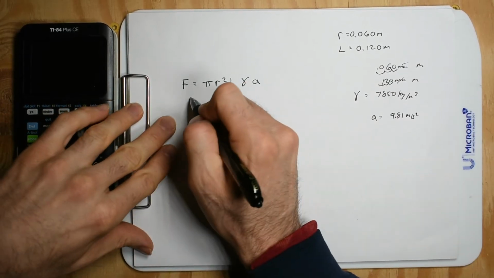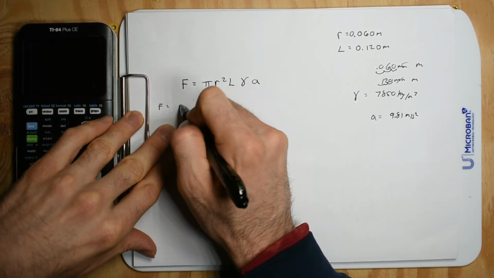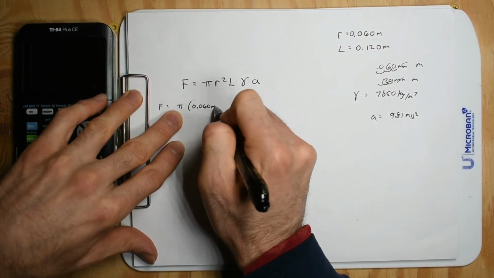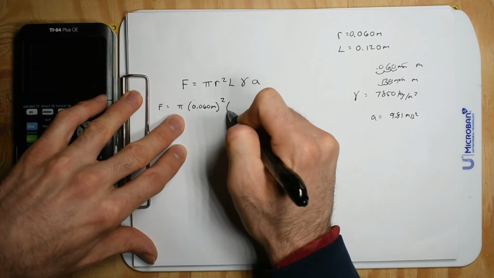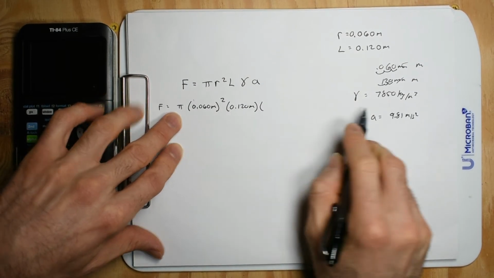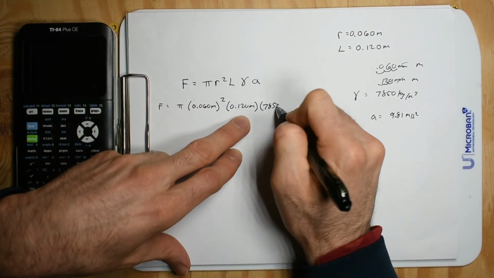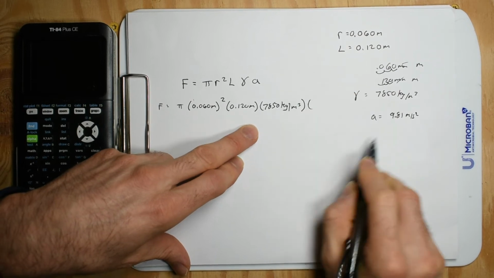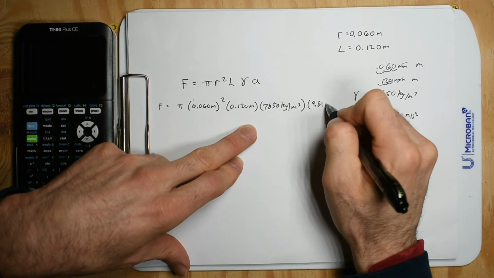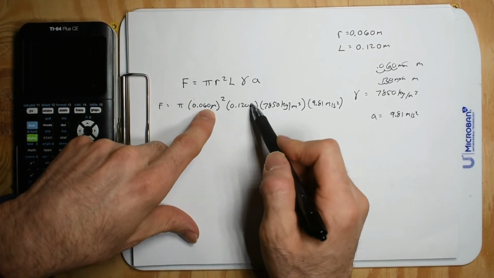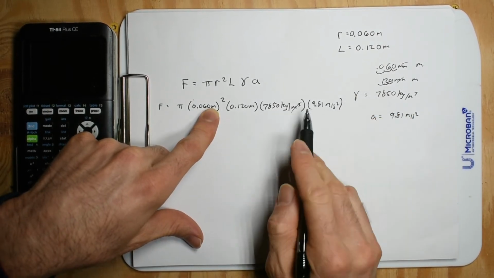All right, let's go. So we're going to get pi times 0.060 meters, squared, times length 0.12 meters, times density 7850 kilograms per meter cubed, and acceleration 9.81 meters per second squared. Okay, so we're going to have cubic meters, and then the cubic meters is going to go away.